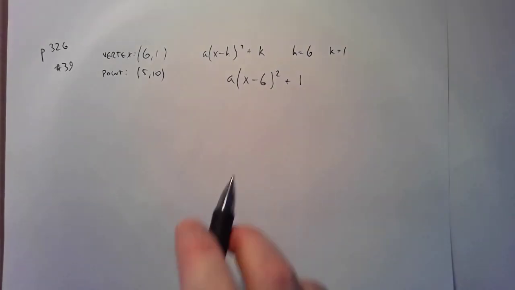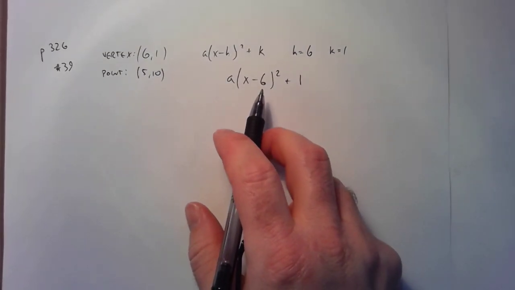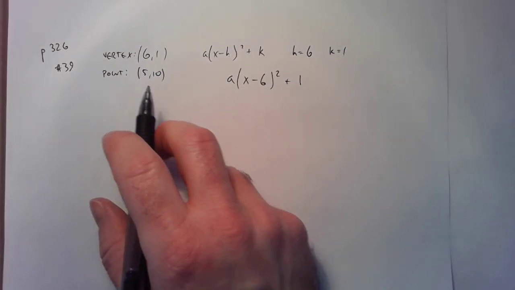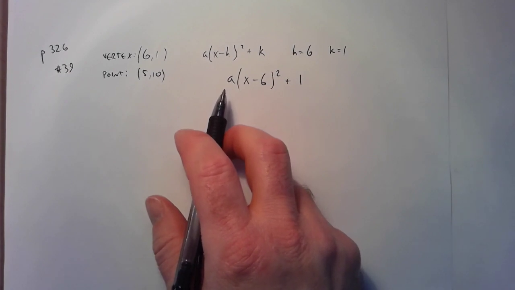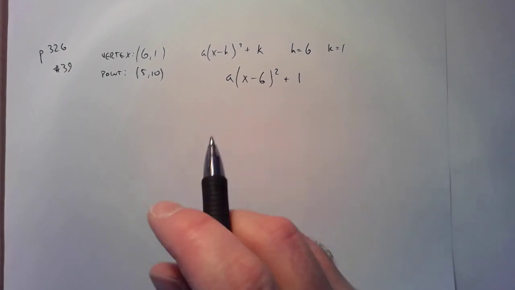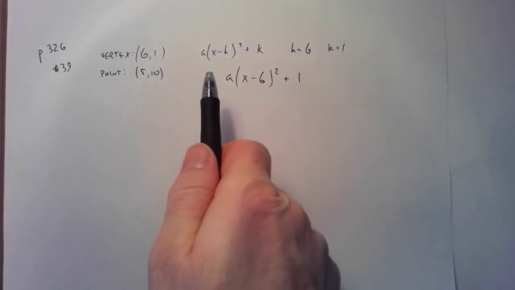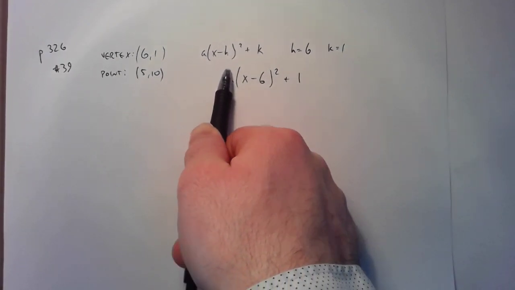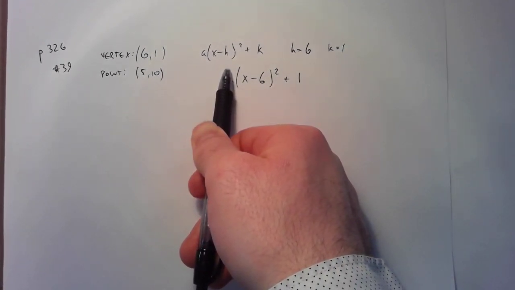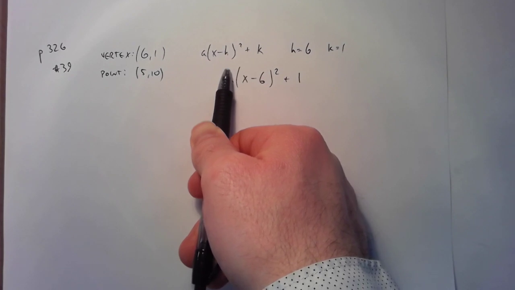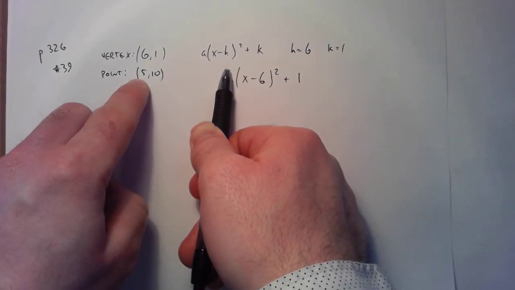And then I can see, does this contain that point at various values for a? Let's just try it for 1. If a were equal to 1, just cover it up. Pretend it's not there. X minus 6. Well, x is 5.